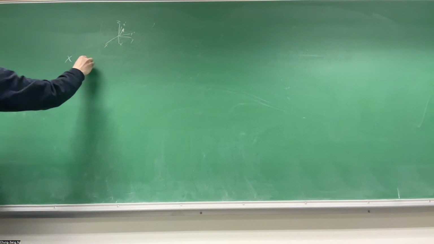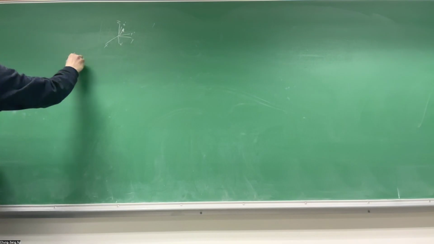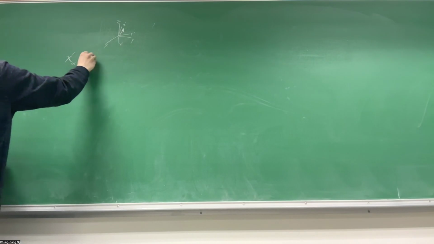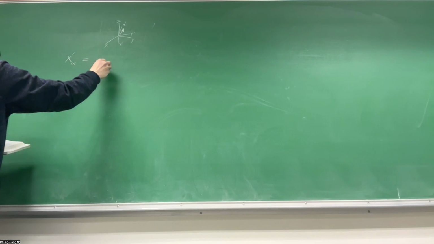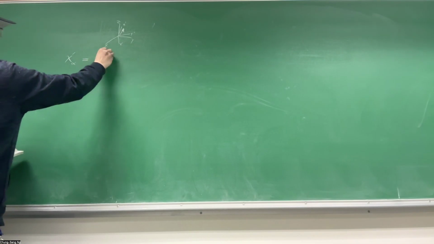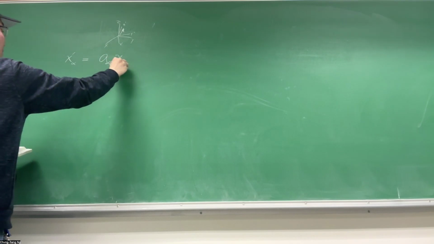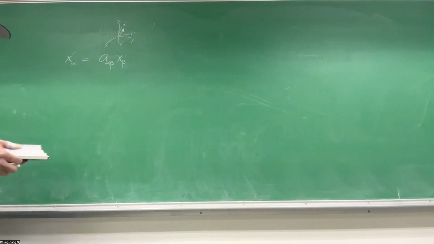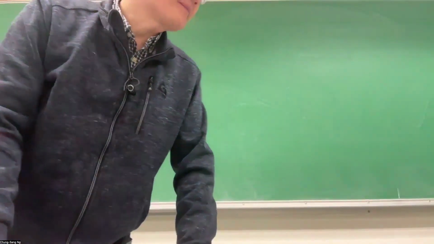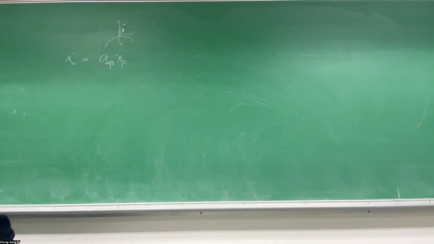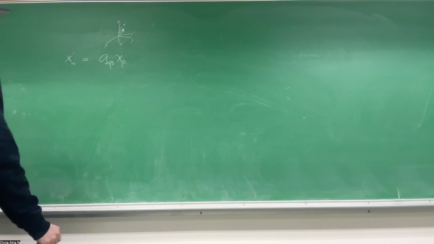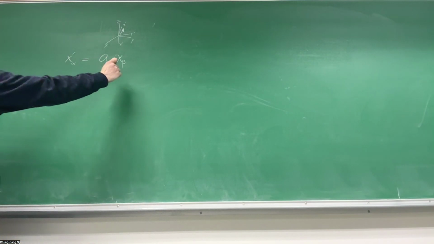So this is Jackson's notation. So we have x prime alpha equals some A alpha beta, and then x beta. Last time I mentioned that we do not differentiate what we call the covariant and contravariant vector. We're just using subscript all the way.